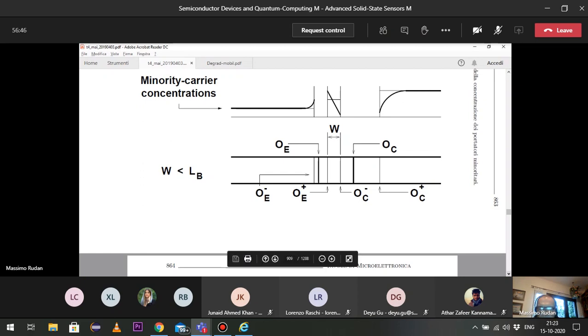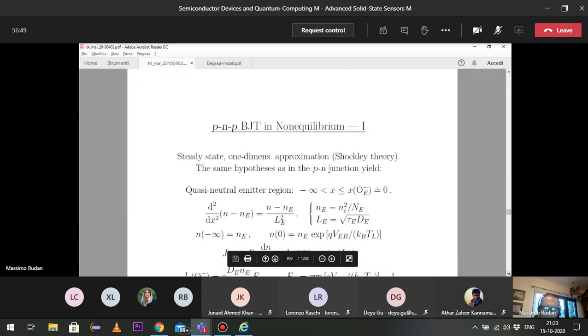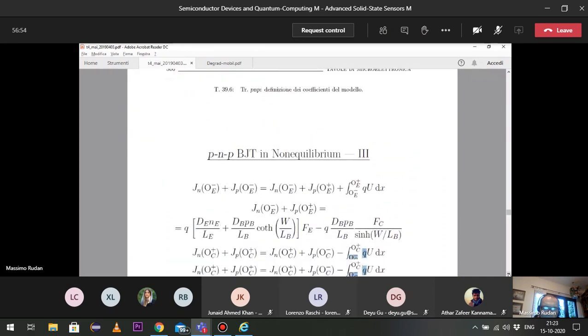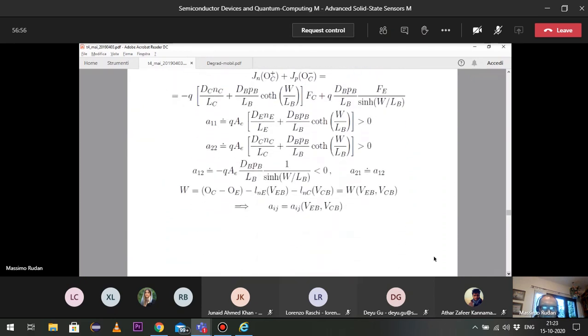So W does depend on the applied biases, okay? And through W, all these coefficients depend on the two biases, okay? But we hope that this dependence has little influence. We shall see that indeed there is a not so important influence of this dependence on the current of the bipolar transistor.